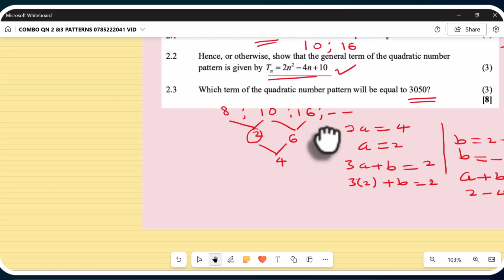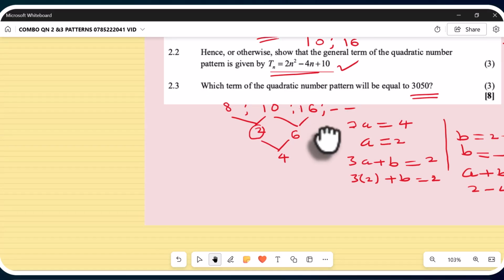So we're going to have Tn equals 5 plus 2n minus 2, so 5 minus 2 gives us 3. So our Tn is 2n plus 3.